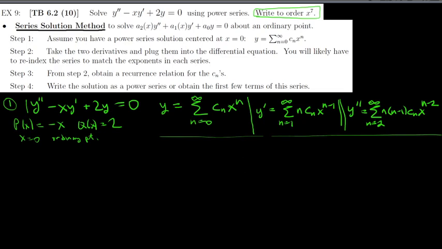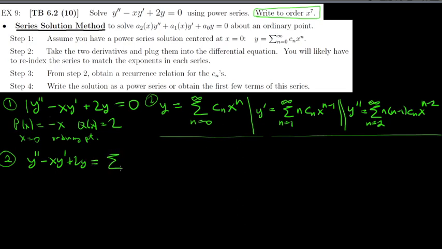Okay, so now step 2. This is part of step 2. We took the two derivatives. Now we have to plug them into the differential equation. The differential equation, again, being y double prime minus xy prime plus 2y equals 0. And so what's y double prime?